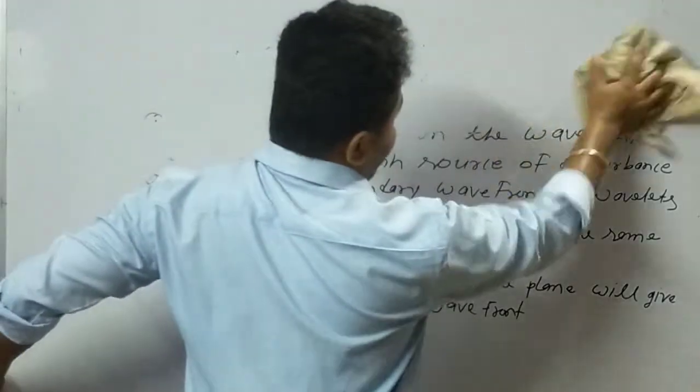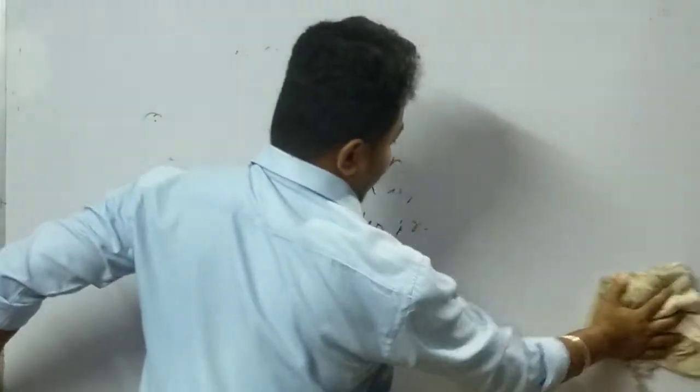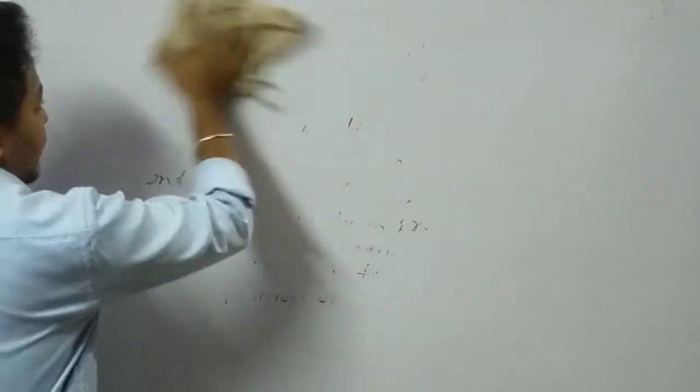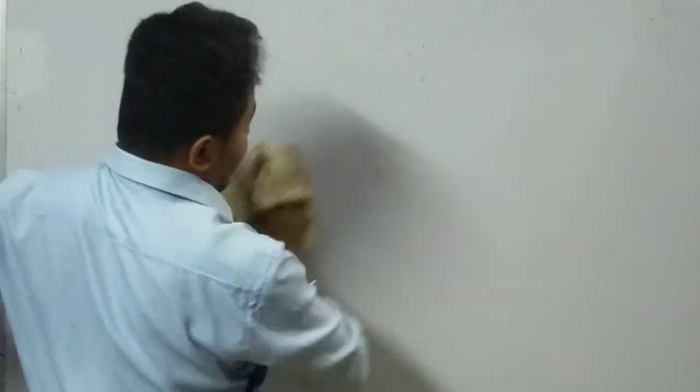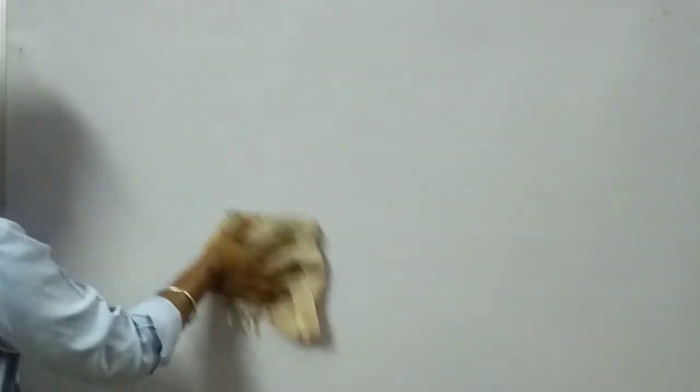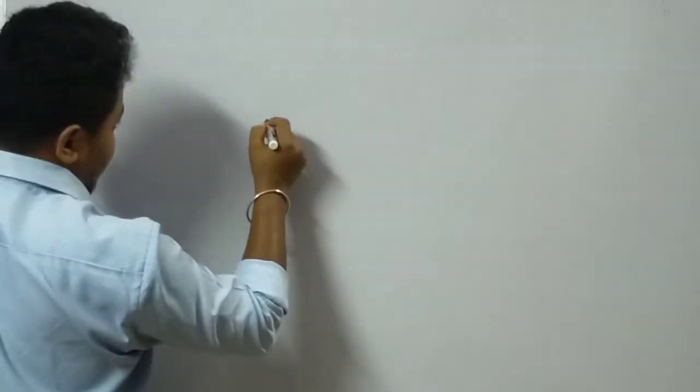So the first point: all the particles on the wavefront will behave like a fresh source of disturbance and will produce secondary wavefronts or wavelets. How is this possible? If we consider this is a point source, we all know that for a point source the wavefront produced is always spherical.